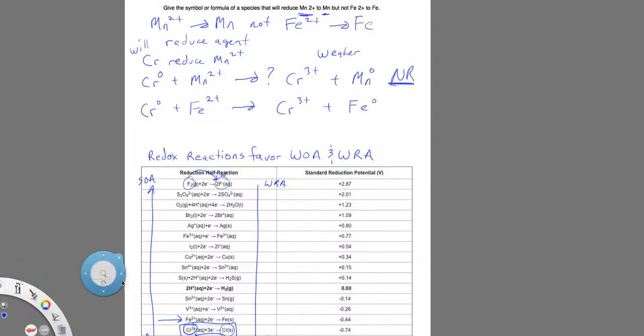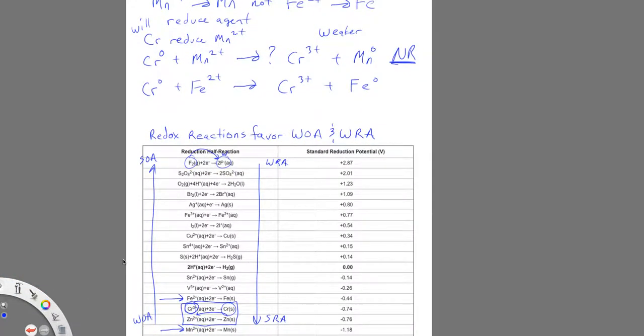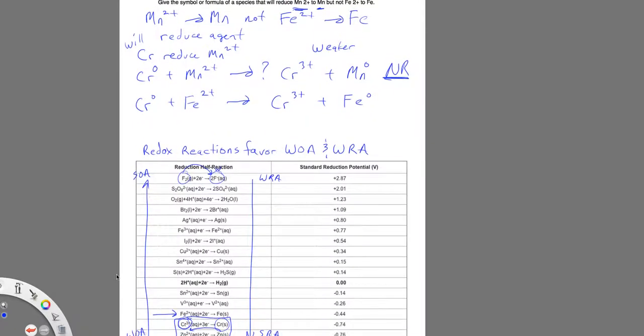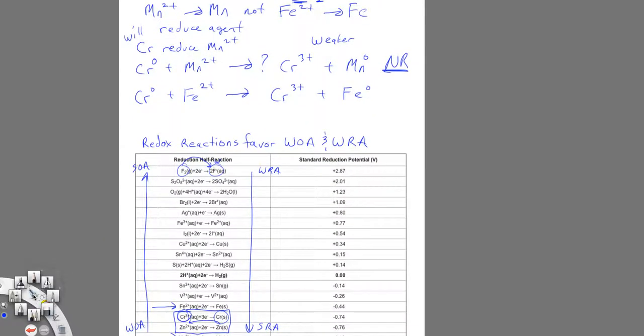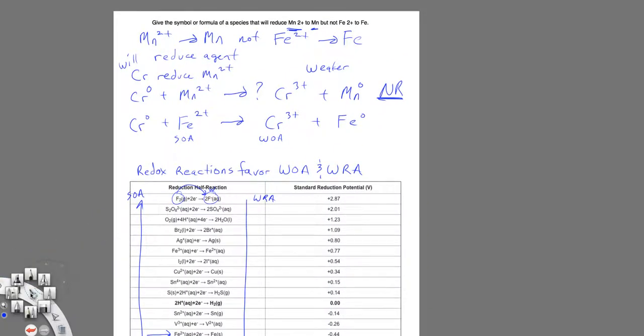So let's just say that because we're just trying to see if this would happen. Chromium 3 is a weaker oxidizing agent than iron 2. This is a stronger oxidizing agent. So this reaction would happen. But that's not what this question is asking.